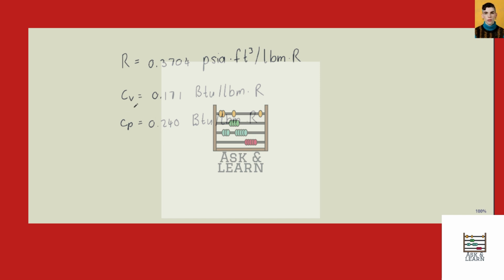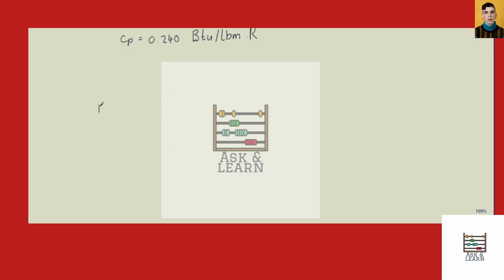Now the mass of the air in the system we calculate as follows. M is the pressure in state 1 times the volume over the gas constant times the temperature T1. So we can substitute all these values in here. So that's a pressure of 250 psi into a volume of 1 cubic foot.